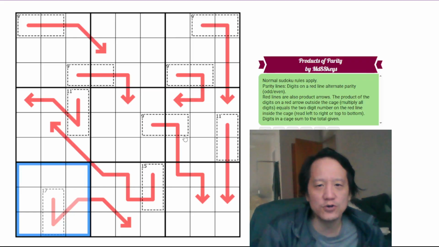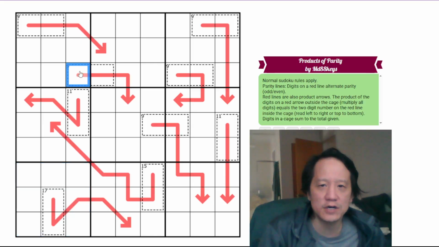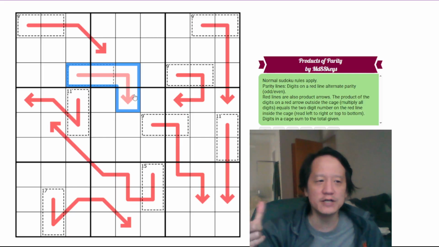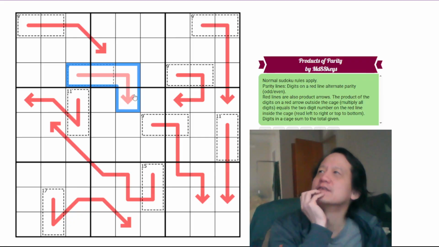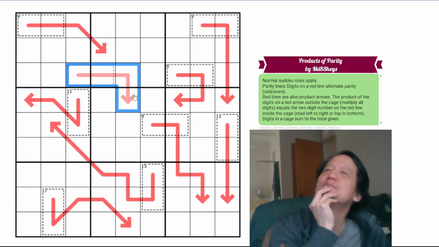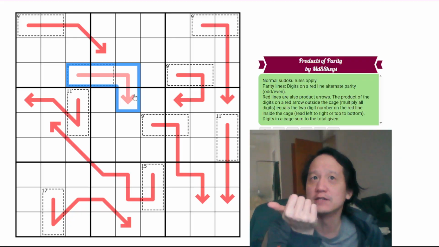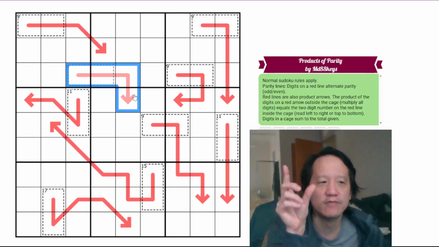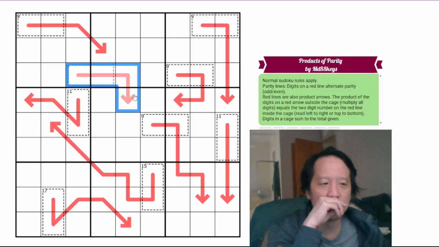We also have parity lines, where digits on a red line alternate parity, which means odd and even. Why is it called parity? I'm not sure where the term comes from.